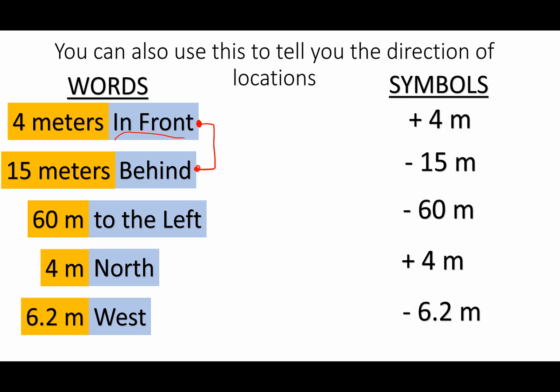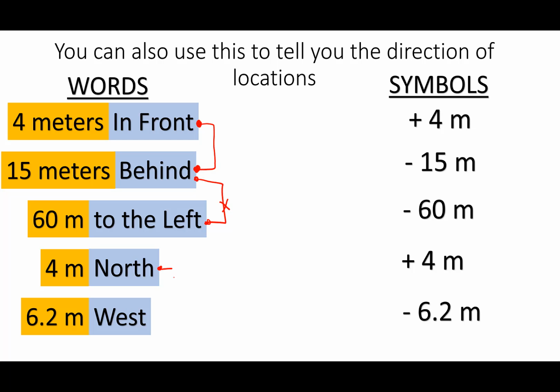So these go together. But for this class, you will never have to deal with behind and to the left. Nope. Not going to be a problem. Because this is me, this is behind me, this is to the left of me. These are not on one line with me. So that's not one-dimensional motion, and that's a problem we deal with later.